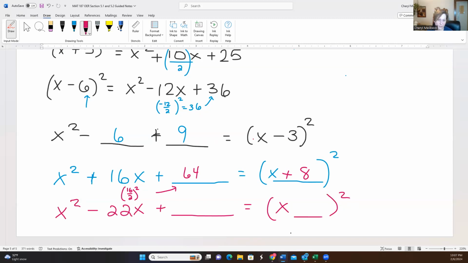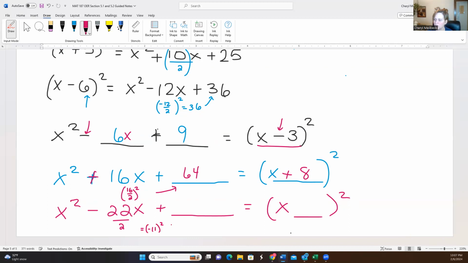And the signs correspond to the middle term. So here, this x minus 3 is a negative 3 because my 6x was negative. Here, this is a positive 16x, so this is a positive 8 in the binomial. Back here, we're going to take that negative 22 and divide it by 2. Gives us a negative 11.